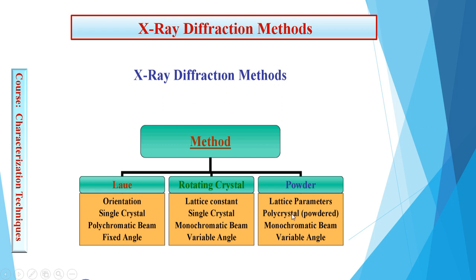In real life we usually find our sample as a polycrystal. So this powder method is very useful to investigate polycrystalline powder by using a monochromatic beam having a single wavelength with variable angle.